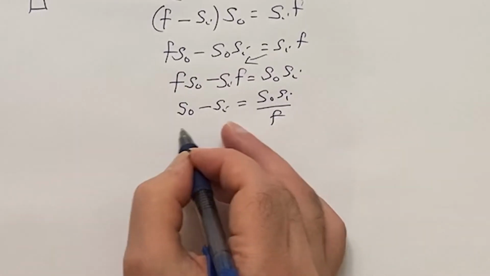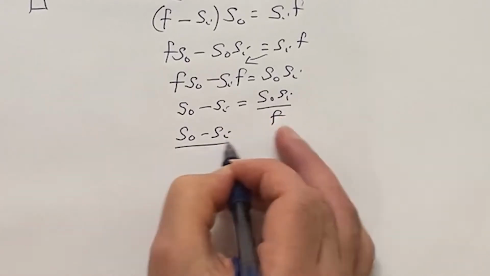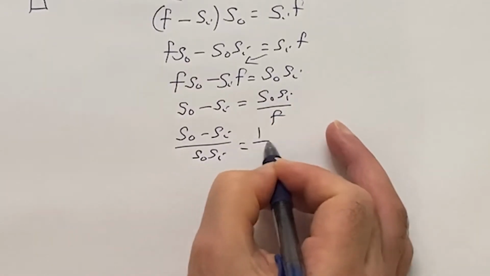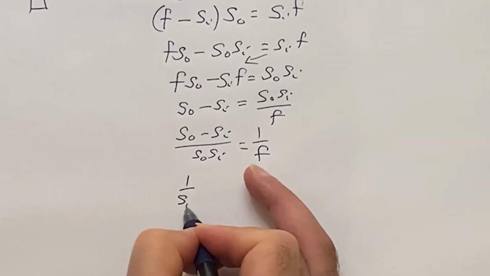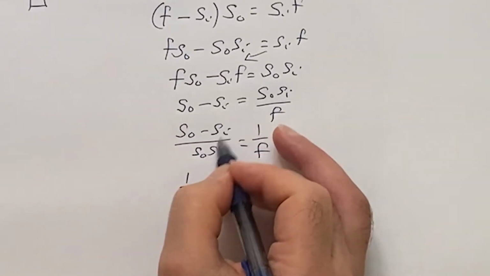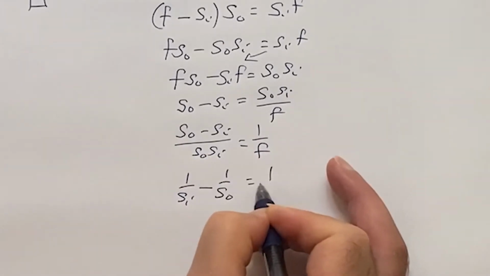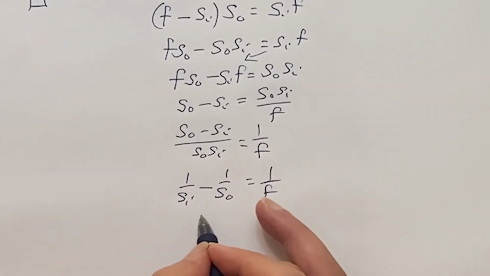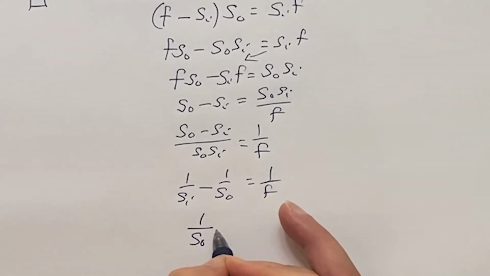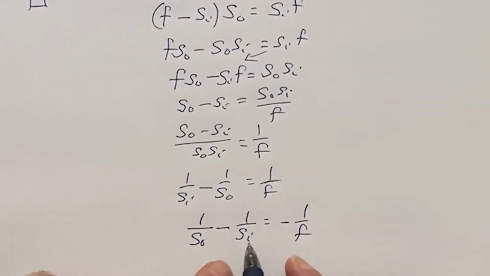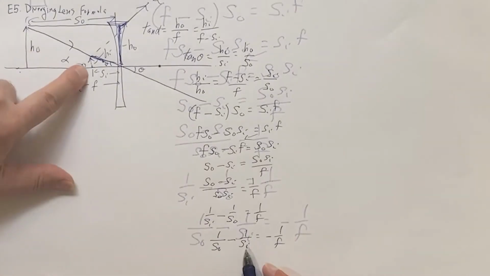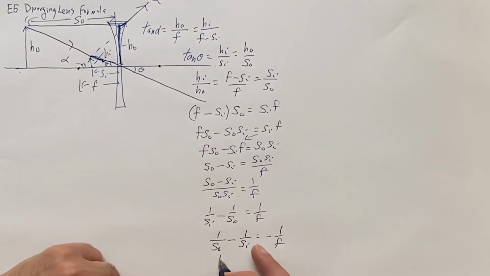And then if we divide by the product, like we did before, then SO is going to cancel, giving 1 over SI, and then here the SI's cancel, giving 1 over SO, so 1 over F. And now I multiply by minus 1, and I get 1 over SO minus 1 over SI is minus 1 over F. And here's the beauty, because if I make the SI by convention negative, since it's going to be on the left, then I could write this as a positive.